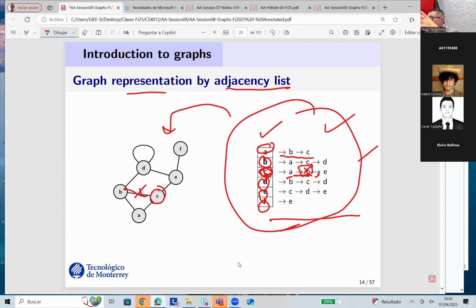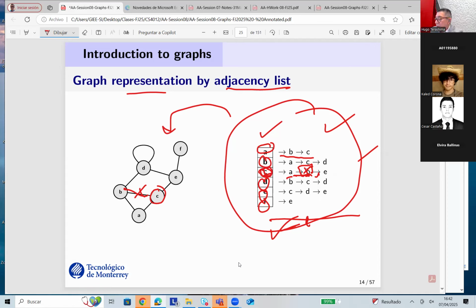So there are also advantages and disadvantages, but it depends what you're solving and what is more suitable for the application that you have. Sometimes you can use an even more complex representation, data structures, to put your information there.